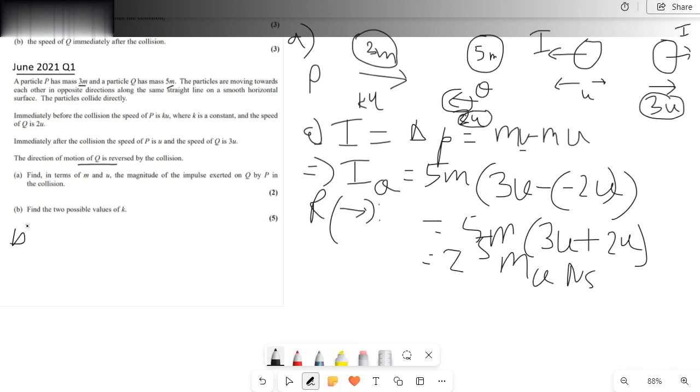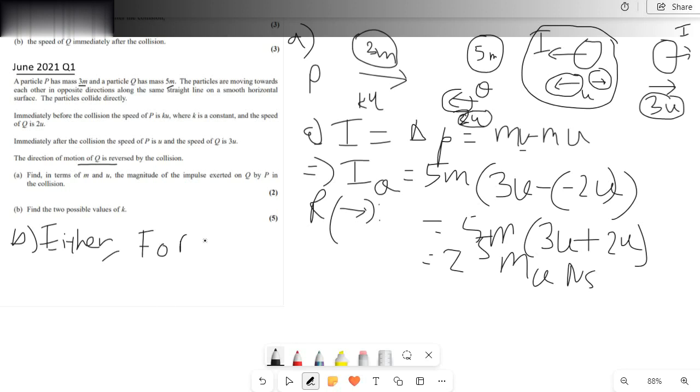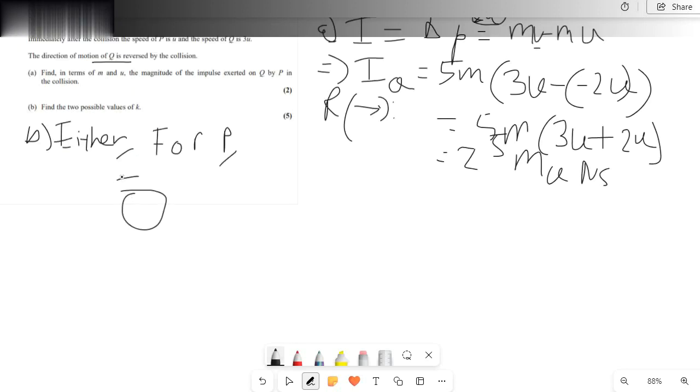For part B, as I mentioned, there are two possible directions for the final velocity of P, which could be towards the left or towards the right. So we can consider two cases: for P after collision, it can have a final velocity of u towards the left or a final velocity of u towards the right.